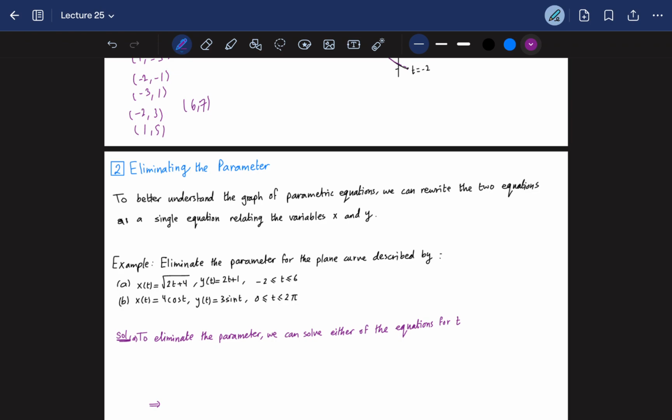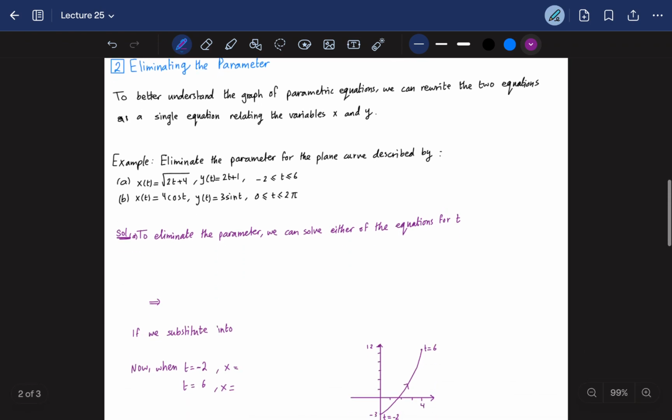If we have an equation like y equals something in terms of x, it's just a regular function that we already know some properties of, and we can easily graph it or know whether it's increasing, decreasing, and so on. So to eliminate the parameter, we solve either the x of t or the y of t for t, and then once you get the value of t, you plug it into the other equation.